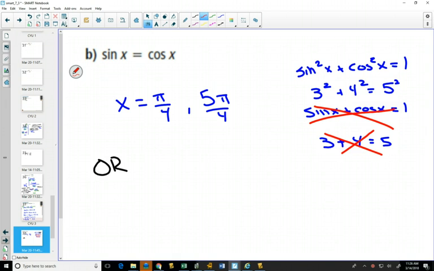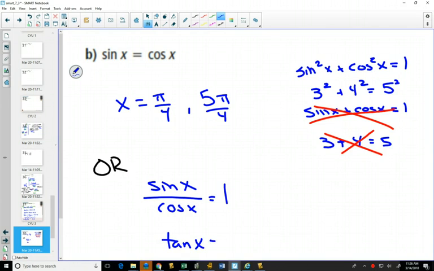But in this case, if I divide both sides of this equation by cos, I get this equation. How can that help me write this as a single trig function? You can make it into tan.